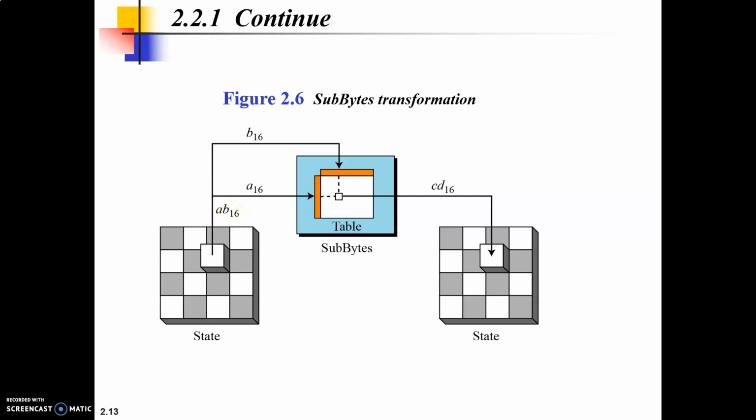So you will take these two values, A and B, go to the Ath row and the Bth column, and whatever value is present at the intersection of A and B, that value is going to become your new value after substitution. This is the way you are going to perform substitution for each of the 16 values given to you. So you have this 4 by 4 matrix in which you are going to get each value substituted with the help of the SubBytes table.